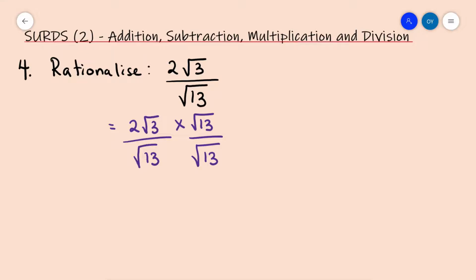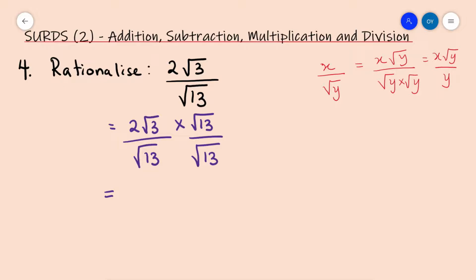And this is from the rule that says x over root y equals x root y over root y times root y, and this is x root y over y.